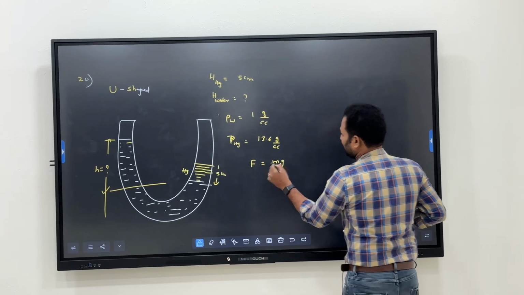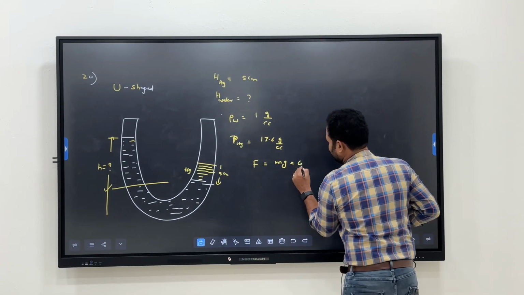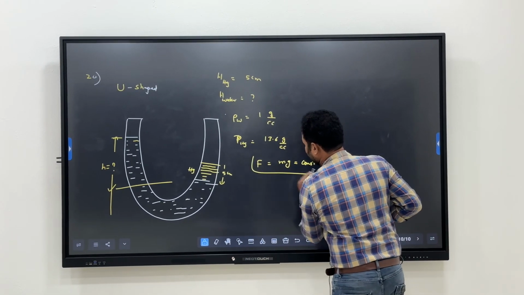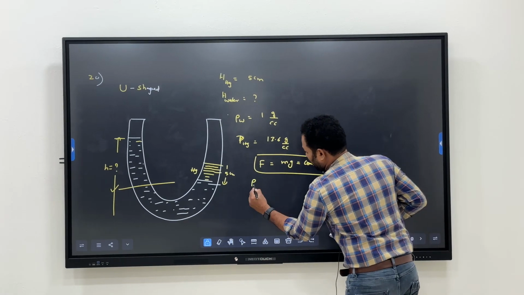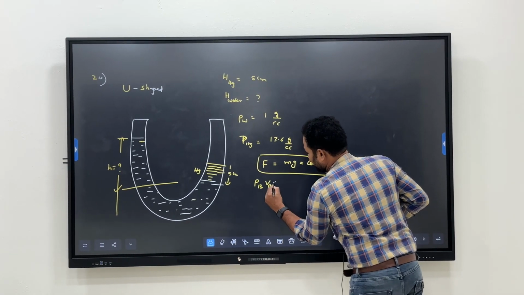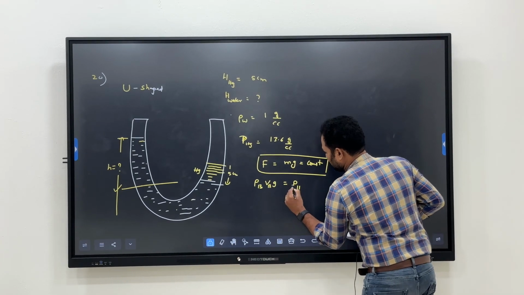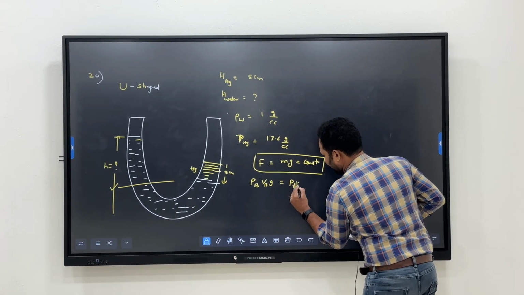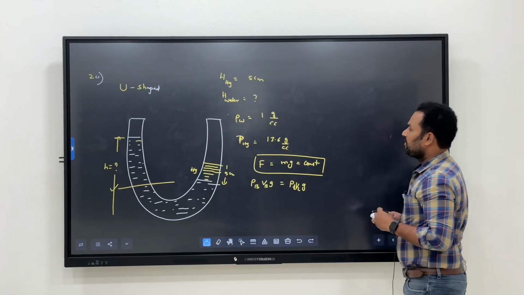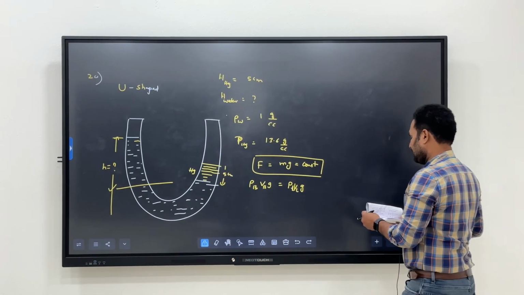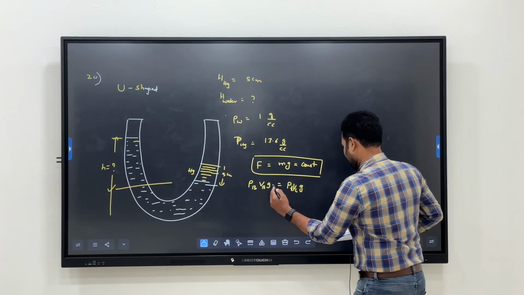Both are liquids, and the pressure remains constant.